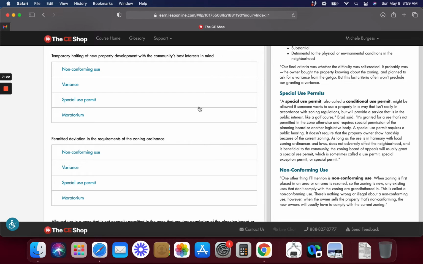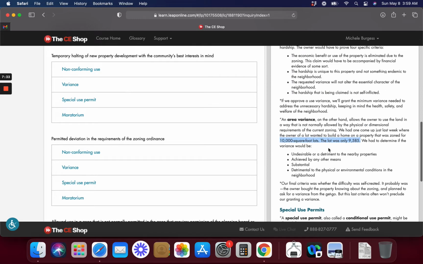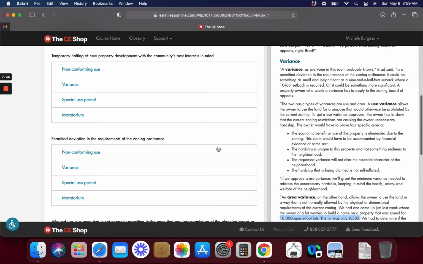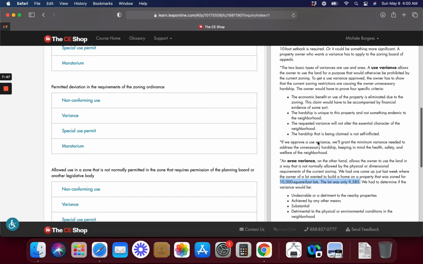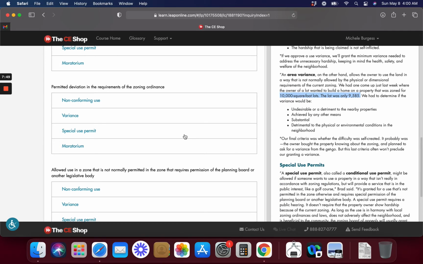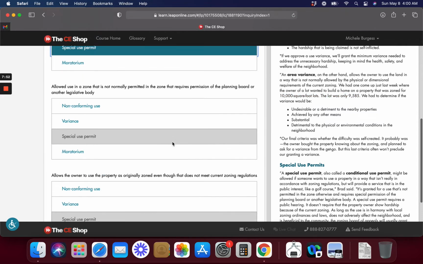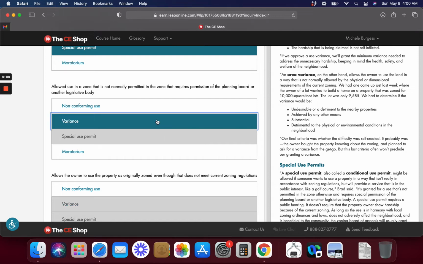Temporary halting of new property development with the community's best interest in mind. Did they say this would be a temporary halt? All right, let's go to the other ones. Permitted deviation. I would say special use. Allowed use in a zone that is normally not permitted in the zone, requires the permission of the planning board.